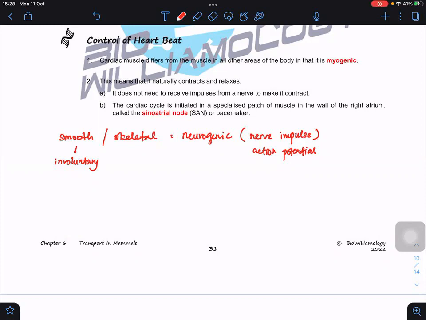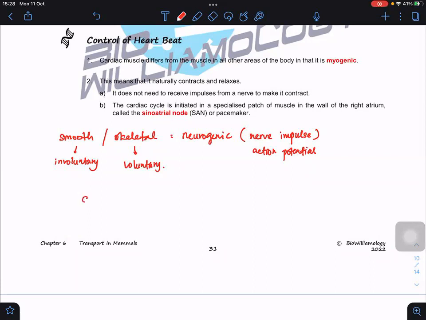Skeletal muscle, they are neurogenic, but they are voluntary. Voluntary basically means that you need the conscious regions of your brain to make them contract. For example, your bicep and tricep, walking, talking, eating, those you need to actually use the conscious regions of your brain to instruct them.